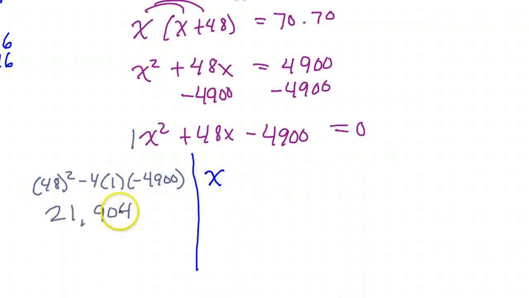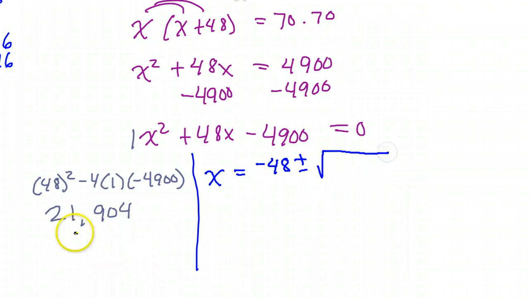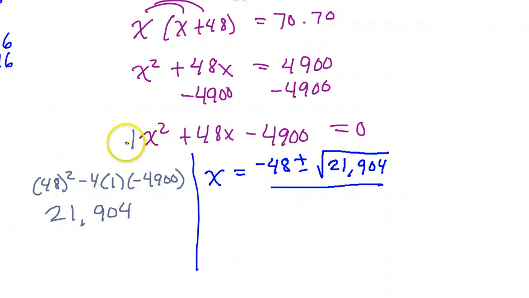So now we can go ahead and do the quadratic formula. So x is equal to the opposite of b, so that's negative 48 plus or minus the square root, and we already did the b squared minus 4ac, so we can just put 21,904 in there, all over 2a. Well, 2 times 1 is just 2. Okay, let's see what the square root of 21,904 is. Turns out that is 148. Alright, it's a whole number.